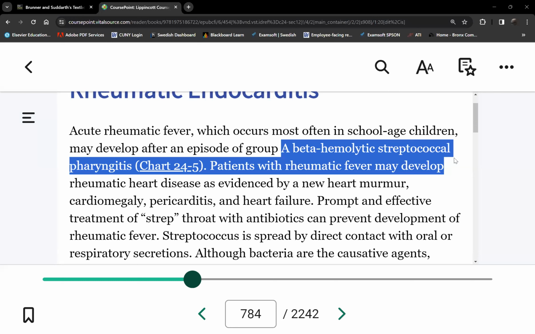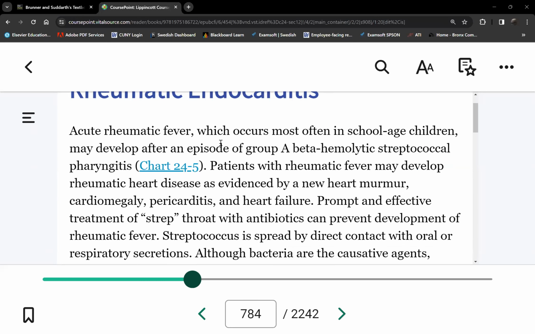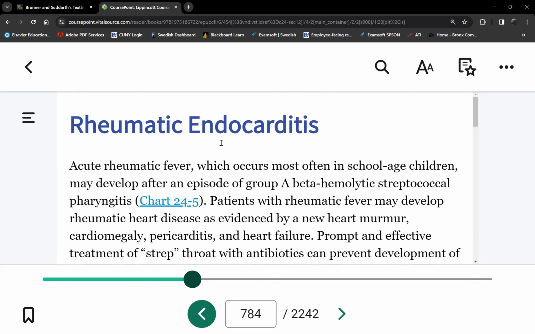So most cases involve elderly people in a different generation, okay, that do not believe in the seriousness of strep throat. So most cases you see today of people who have rheumatic endocarditis are older people. No, the boomers. Okay, so the older generation.